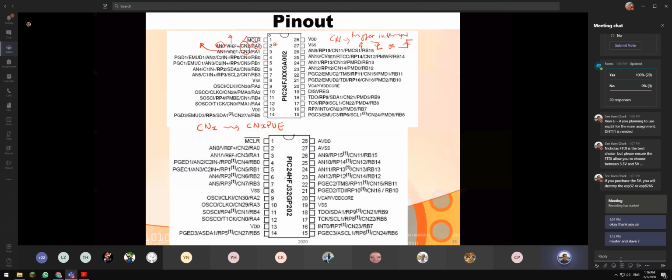Okay, so this means that if I'm writing CN2, this 2 means this pin, PUE equal to 1, automatically I activate the internal weak pull-up resistor. Okay, can anyone tell me what is a weak pull-up resistor? Anyone?